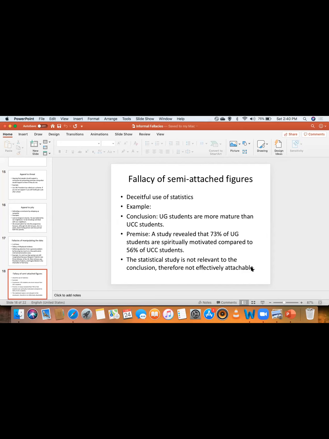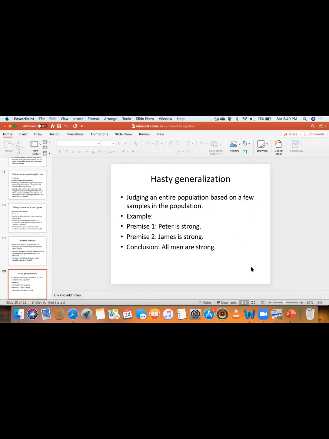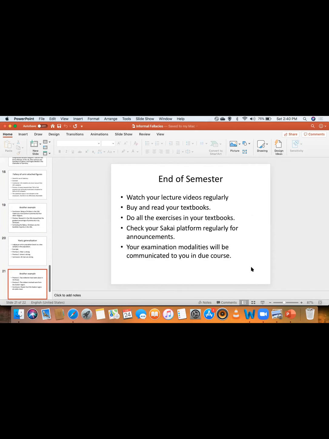Then we have the fallacy of semi-attached figures, using figures that don't properly fit a conclusion to defend the conclusion. And then we have hasty generalization, which is to judge an entire population based on a few samples in the population. We saw several examples, and I think that was the end of that class, as well as the semester.